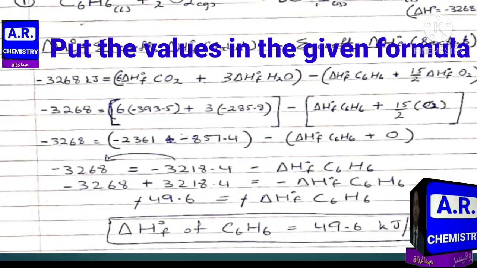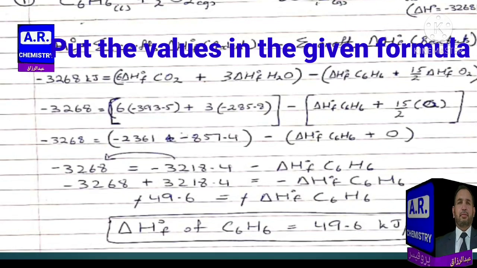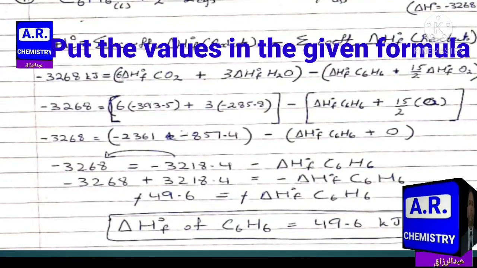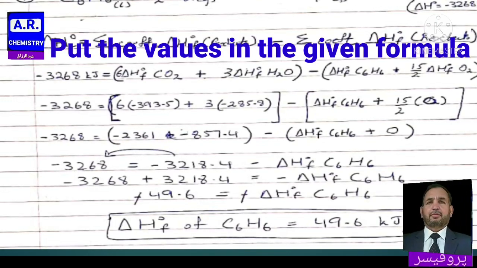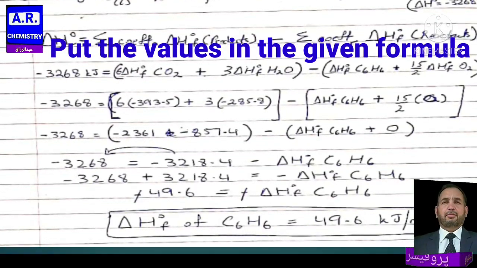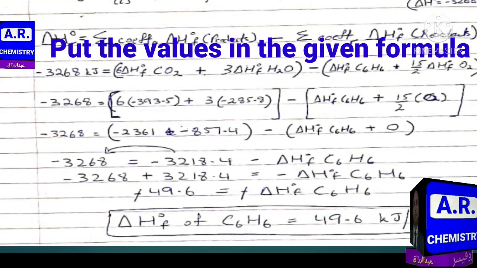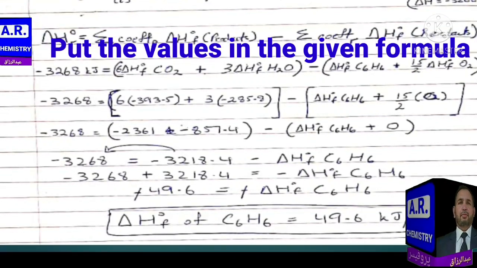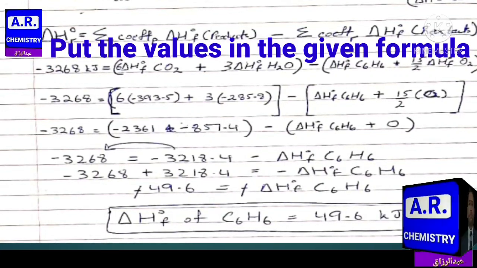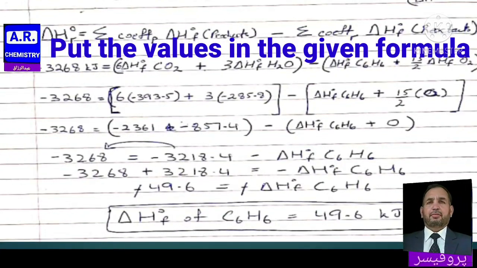After writing that, below this equation, you solve this question. You calculate and you place delta H naught f of C6H6 at one side and all other numerical values at the other side.